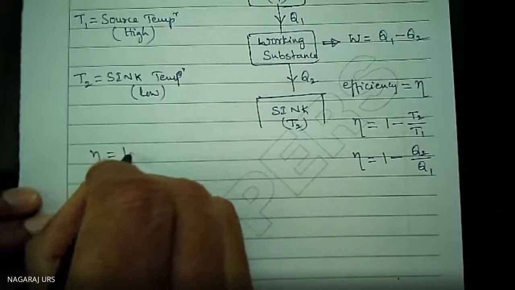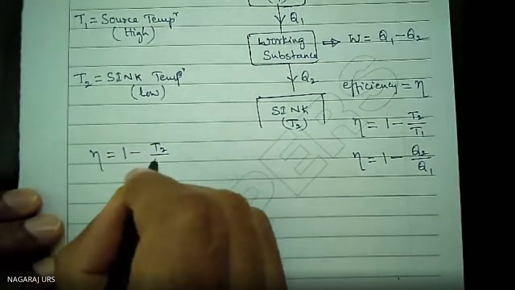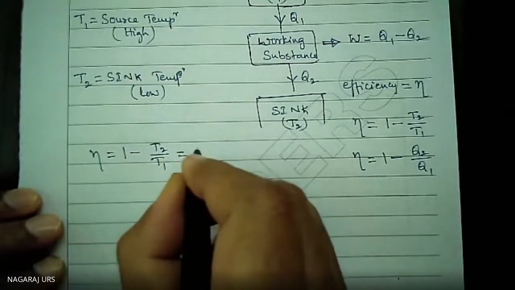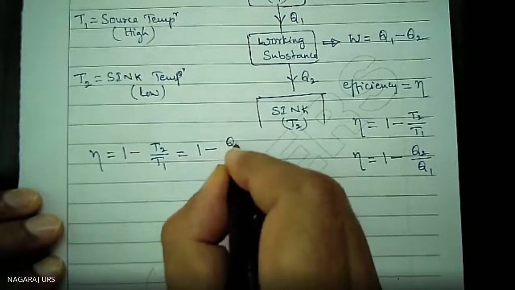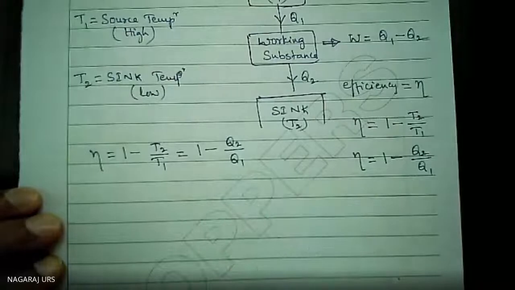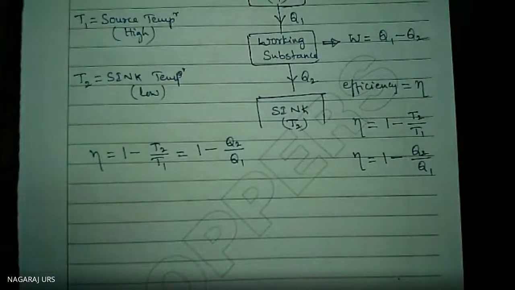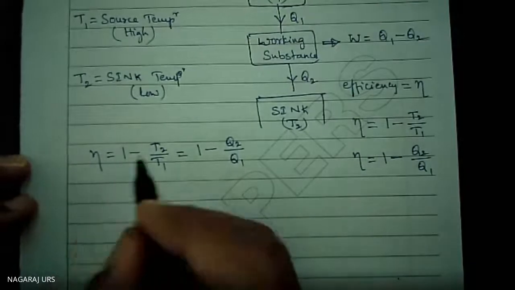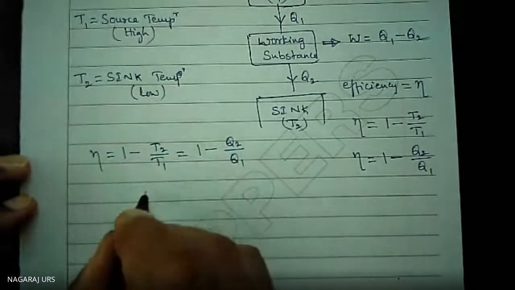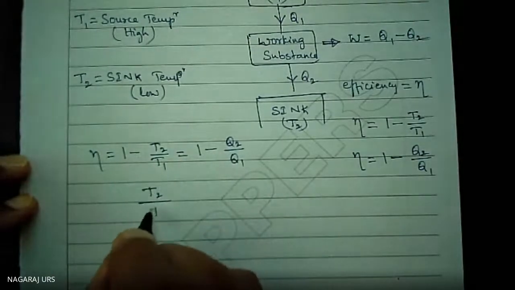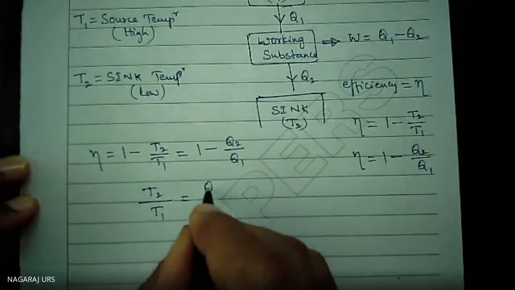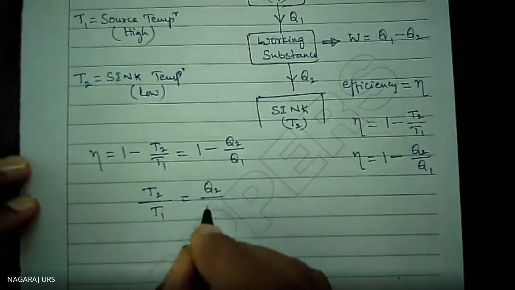Eta is equal to 1 minus T2 divided by T1, that is also equal to 1 minus Q2 divided by Q1. I already explained what T1, T2, Q1, Q2 are. The 1 and 1 we can cancel on both sides. Therefore, T2 by T1 is also equal to Q2 divided by Q1.